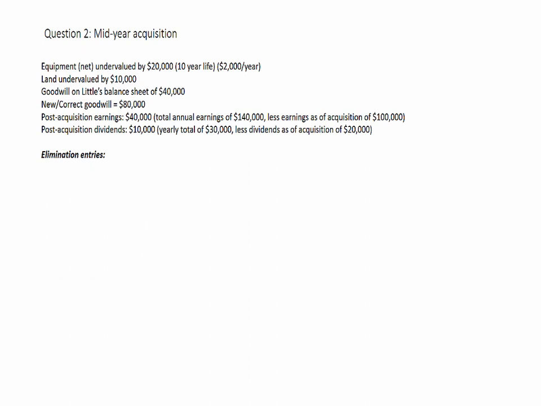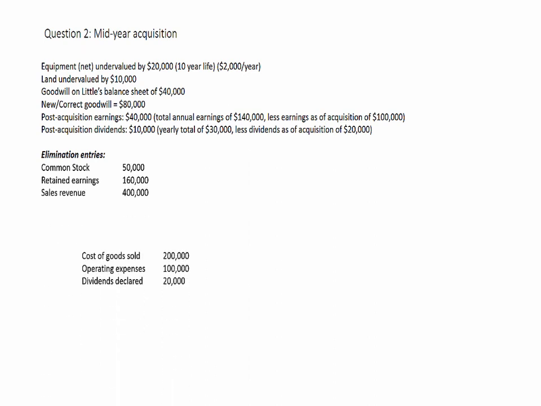Next, for our elimination entries, same drill. Again, as always, we're going to eliminate the date of acquisition or beginning of year owner's equity accounts. We're going to eliminate all of the date of acquisition revenue, expense, and dividend accounts. And now we're going to record the differential assets. We increase the value of the equipment.